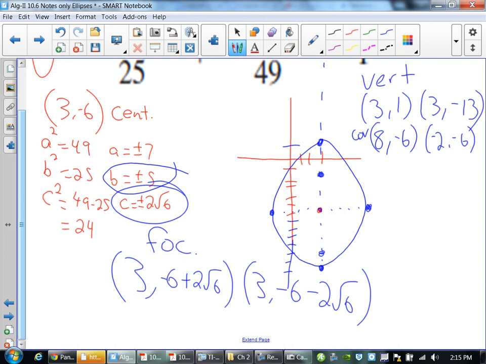I placed it close to where they would be, around 5, but then I labeled it specifically. Does that make sense? When you're working with the radical, especially with the focus, you see more radicals with the focus than you do some of the other ones. That's all you have to do, just add them in like that. And then you're going to do a rough approximation on the graph.